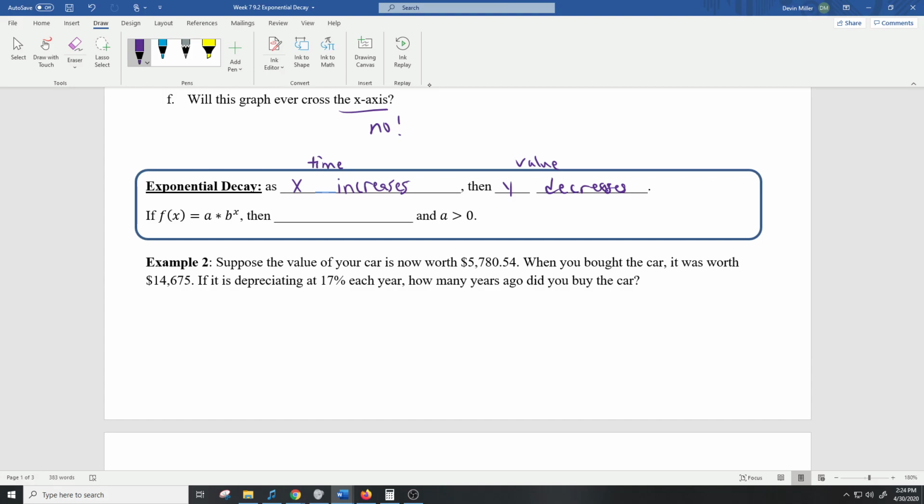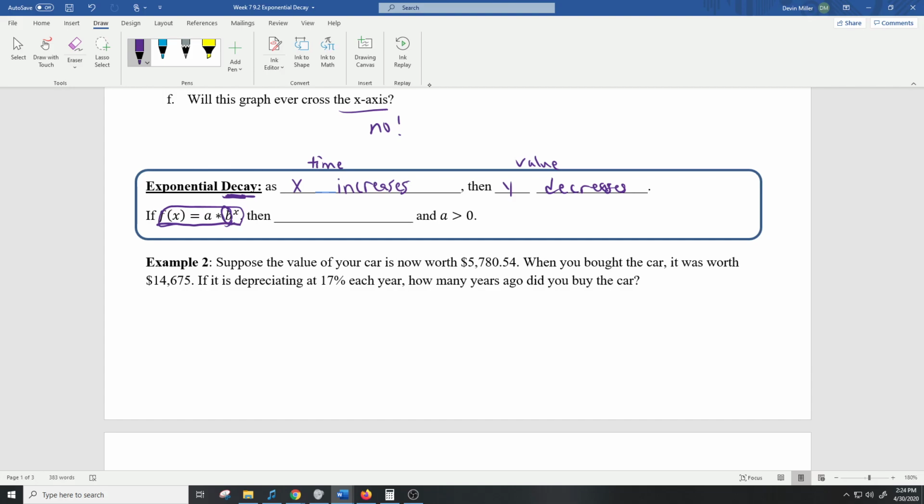So specifically, we have this formula, f of x equals a times b to the x. So this is for all exponential functions. The only restriction we have here to make it a decay rather than a growth is that the b value, so this value right here, has to be between 0 and 1.